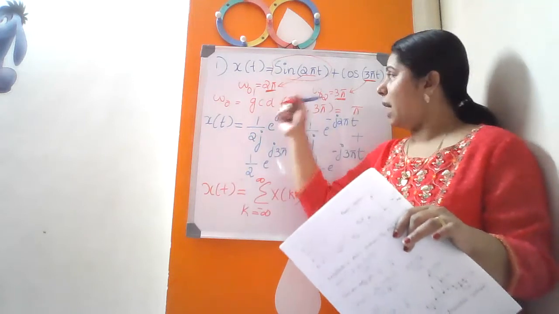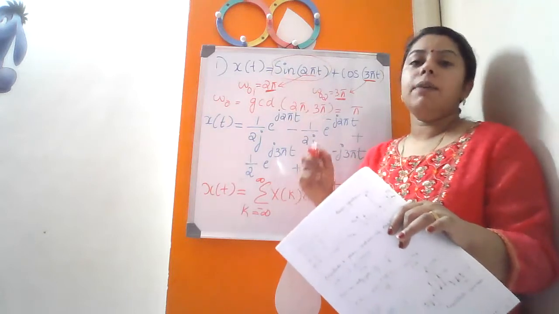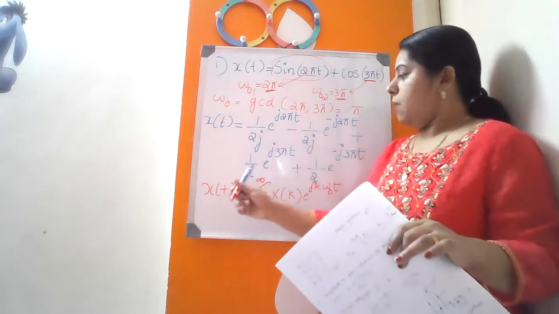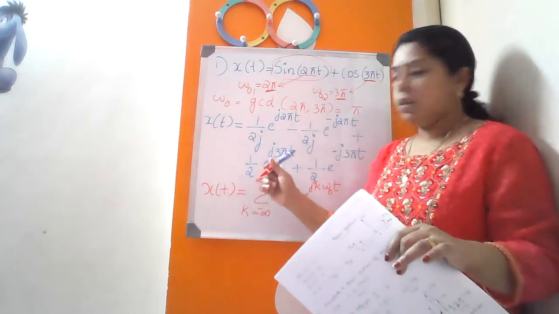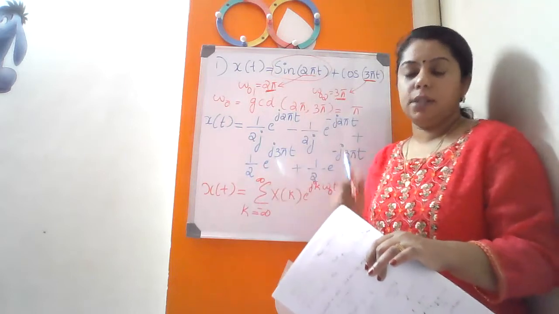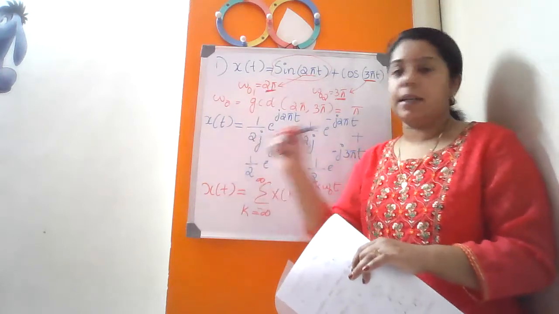This is for the sine. For the cosine, I can write 1 by 2 times e power j theta plus e power minus j theta. So, 1 by 2 e power j 3 pi t plus 1 by 2 e power minus j 3 pi t. So I just expanded the given signal.